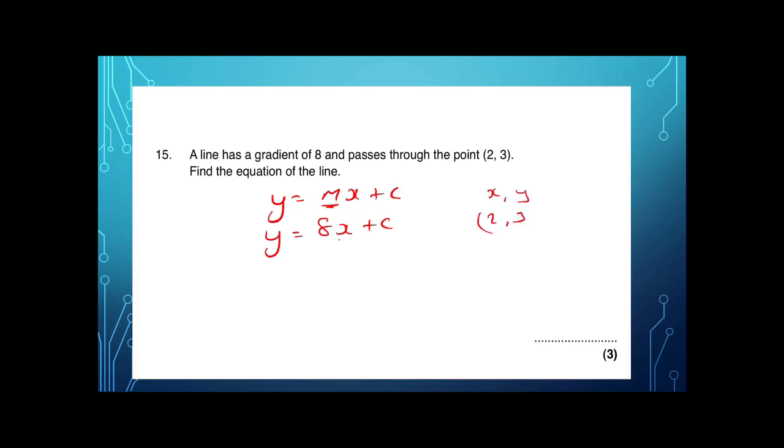We know that when x is 2, y is 3. So let's put those values in so we can find the value of c. When y is 3, x is 2. So that's 3 is equal to 16 plus c. So c is equal to negative 13. So y is equal to 8x minus 13.